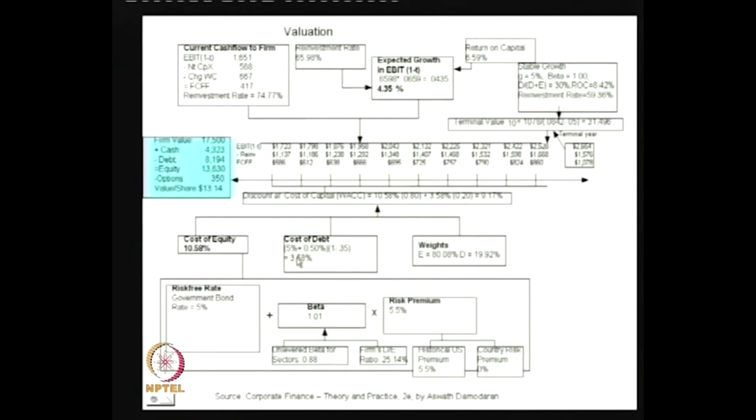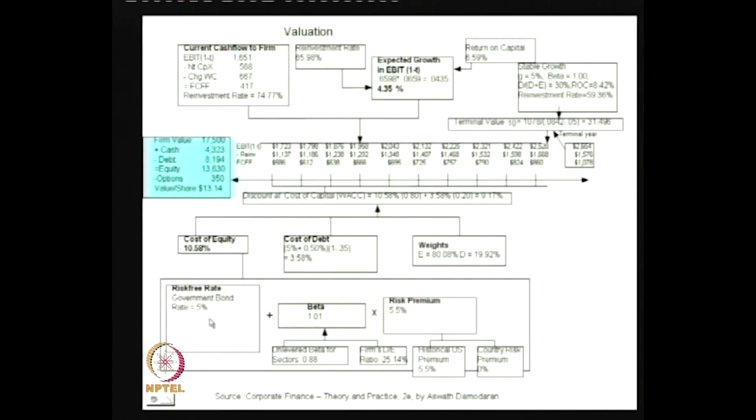We have got 3.58% as the cost of debt, 10.58% as the cost of equity, and 80.08% as the weight of equity, then 19.92% as the weight of debt. So, applying that, you have got 10.58% cost of capital. This has been used to discount, and ultimately got 7,500.